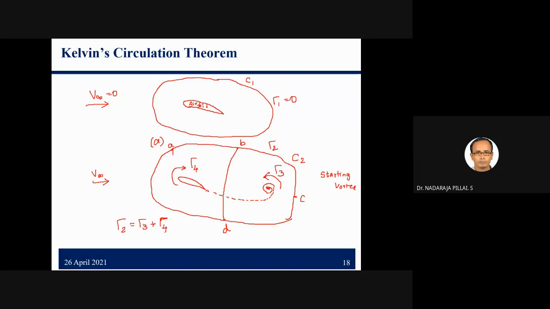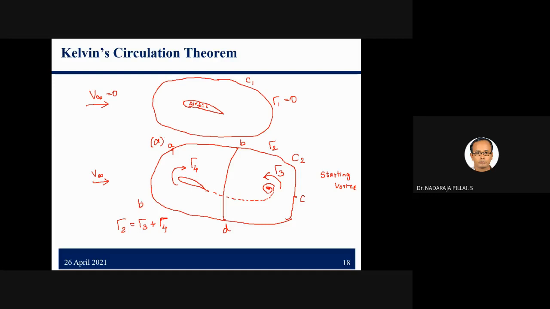So please understand, in the first case, the airfoil is stationary and the velocity is 0, and hence around the closed curve C1, you will not feel any difference. The fluid is at rest when compared to the airfoil. Second case, we have a finite V infinity.